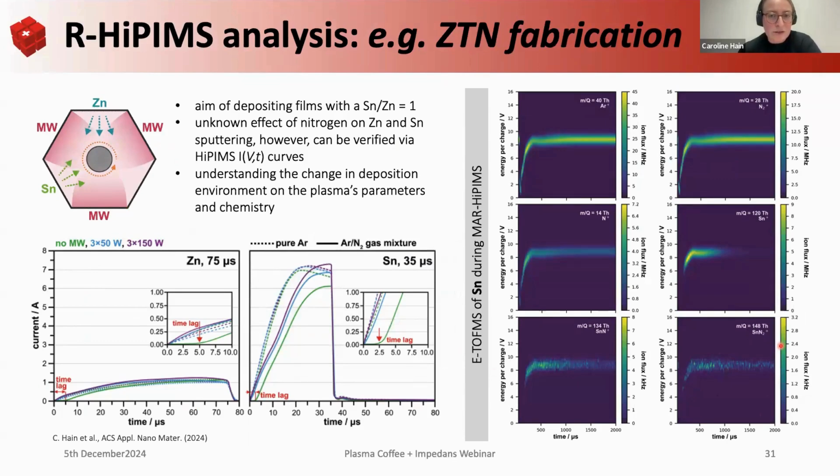For instance, when I do microwave assisted processes, I know most of the ions, the argon or nitrogen ions, are generated in the microwave plasma, constantly generated there. So if I wanted to limit that, I would only have the bias on during this section or just after the end of the pulse.